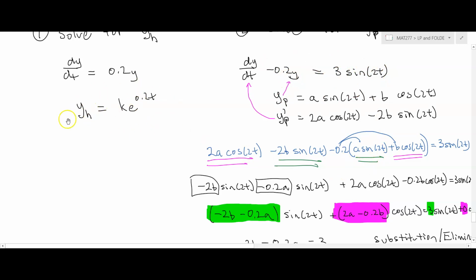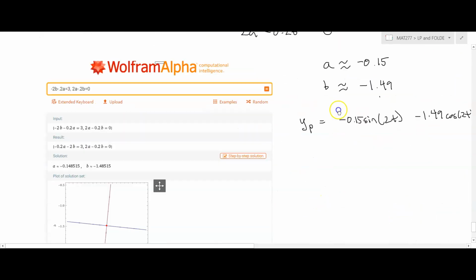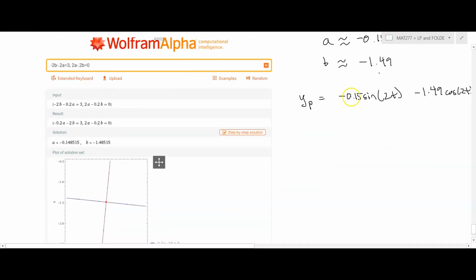And finally, what we need to do is just add together to get the general solution, the homogeneous and the particular. Now, you could just say that this is the solution, but this is just one particular solution to it, I don't have any arbitrary constants, so I'm not going to be able to get the particular solution by itself to satisfy any initial conditions other than the one that it already satisfies.